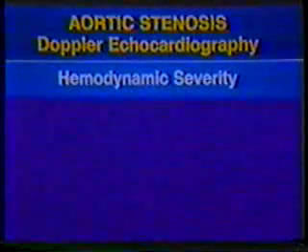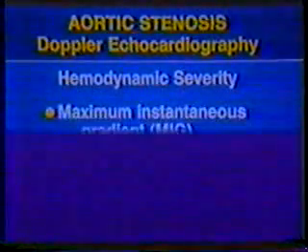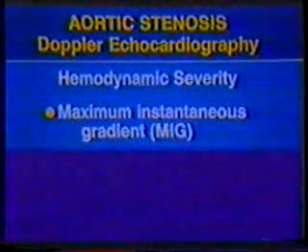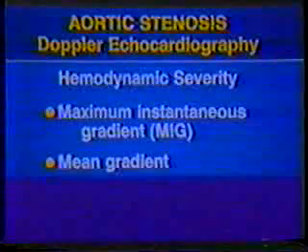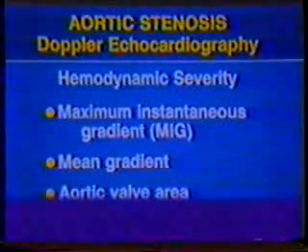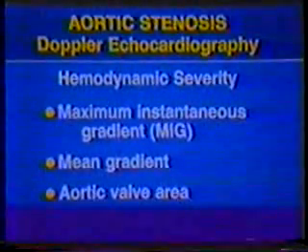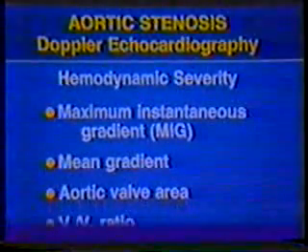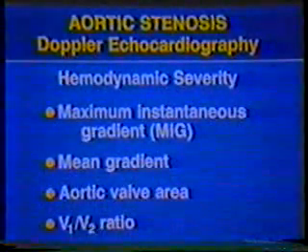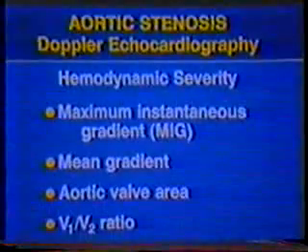Therefore, in cases of aortic stenosis, we not only obtain the maximum instantaneous gradient and the mean gradient, but we also calculate the aortic valve area and the ratio of the velocity in the LV outflow tract to the velocity in the aorta.